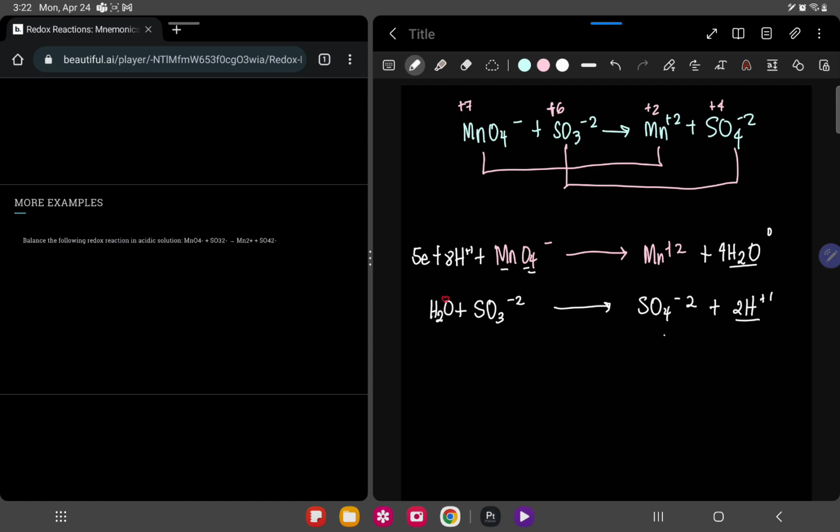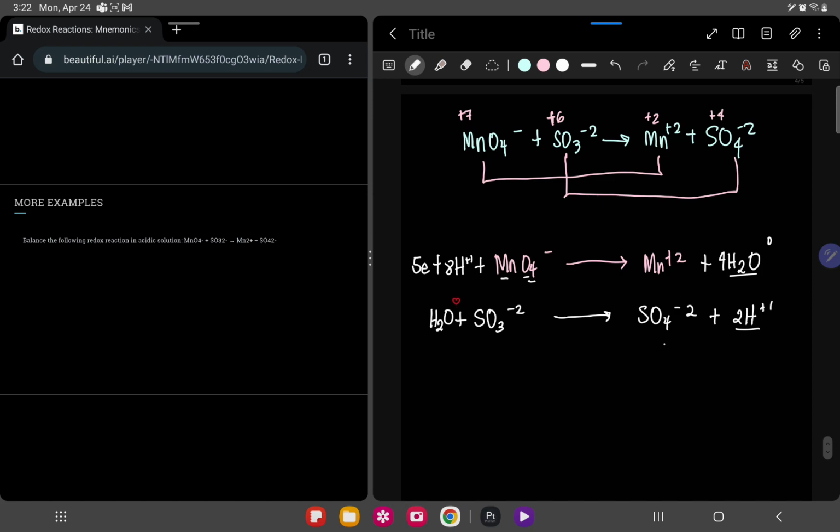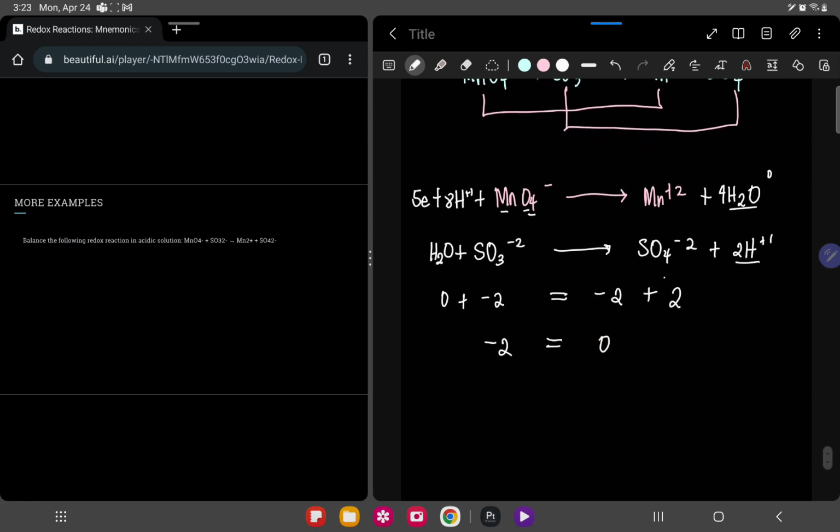we have to balance again the electrons. So for water, as I have said before, it doesn't have any charges on the right side, or the overall charge. That means the side for our water is 0. And for sulfur trioxide, it is negative 2. So on the other side, we have negative 2 plus 2. So that will mean this one is negative 2 and this one is 0. So the difference between negative 2 and 0 is 2.